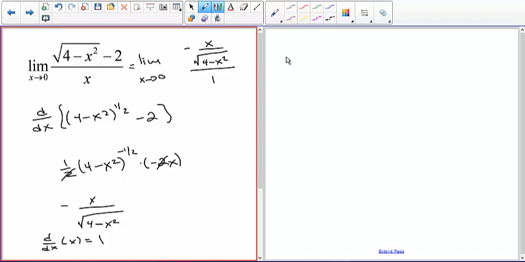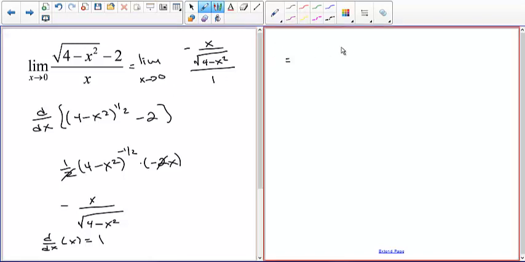And now we're going to let x equal 0 and see if it's still indeterminate. So you'll get negative 0 divided by the square root of 4 minus 0 squared over 1, which is negative 0 over 2, which is 0. So the answer is 0.